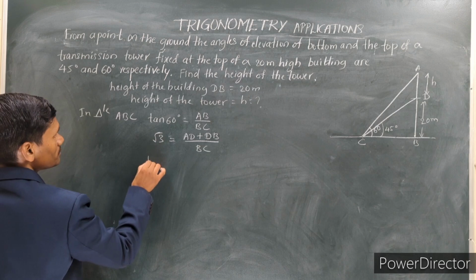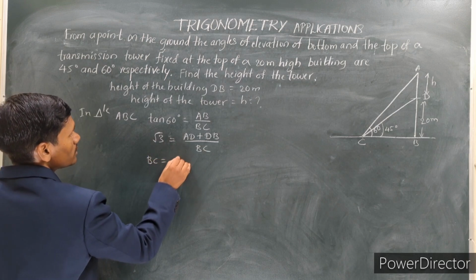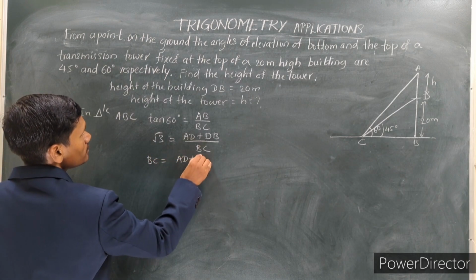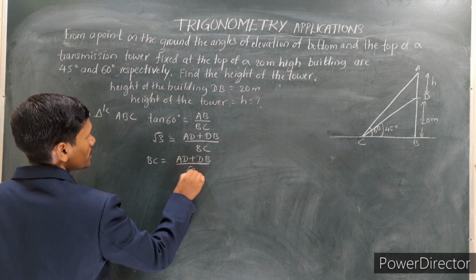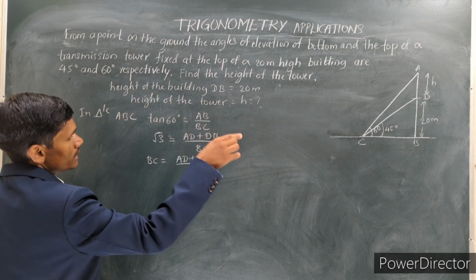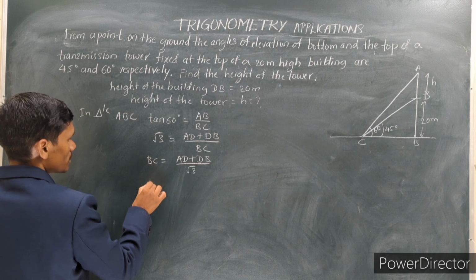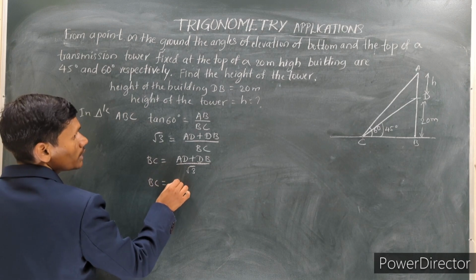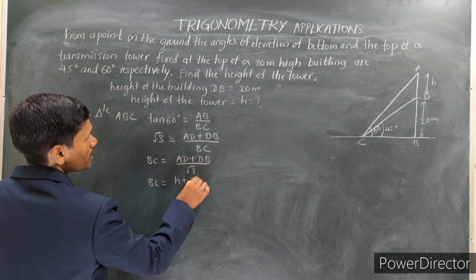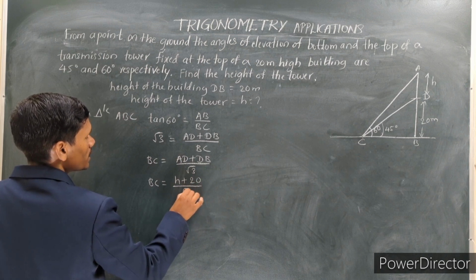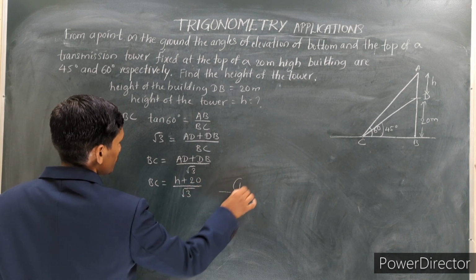Separate BC this side. BC is equal to AD plus DB divided by √3. What is AD? What is DB? You can substitute. BC is equal to AD means H plus DB means 20 meter, divided by √3. Let us call this equation 1.